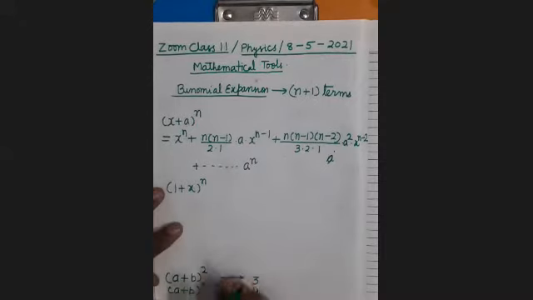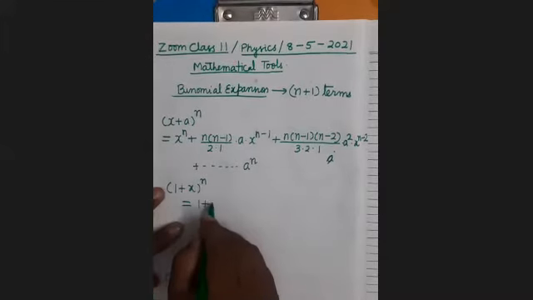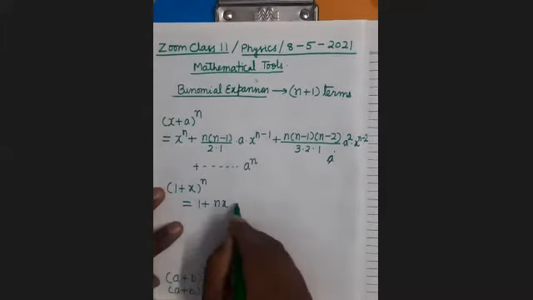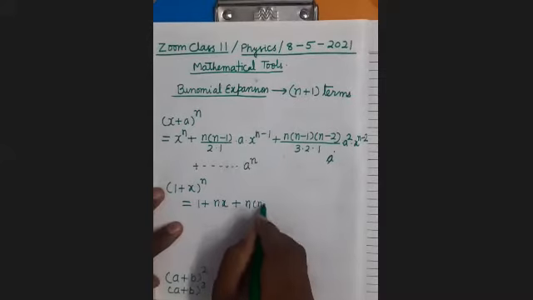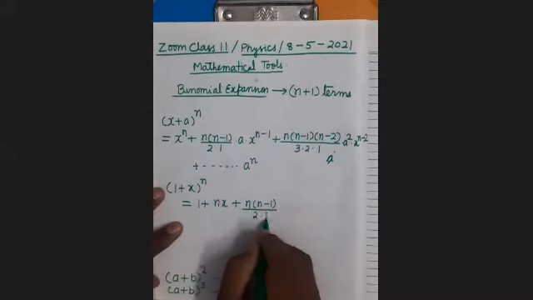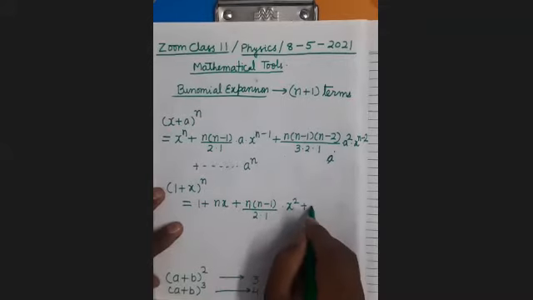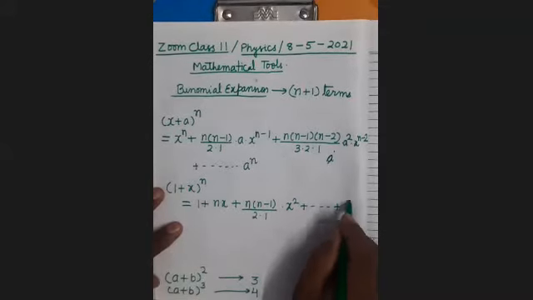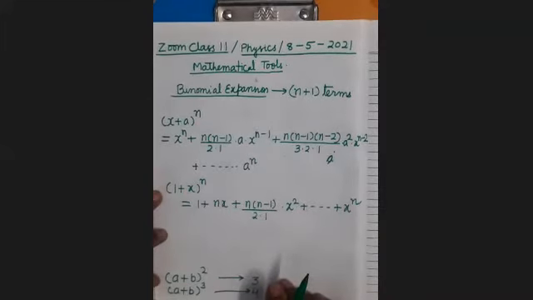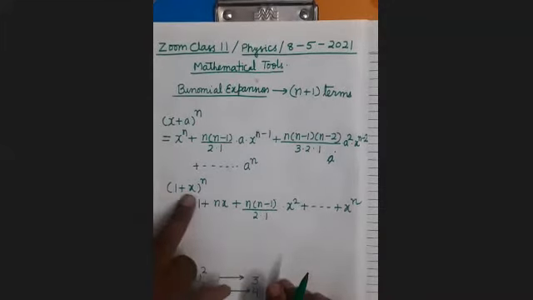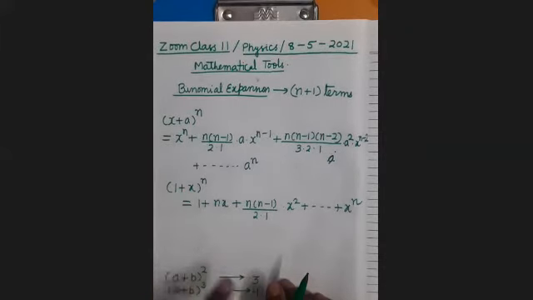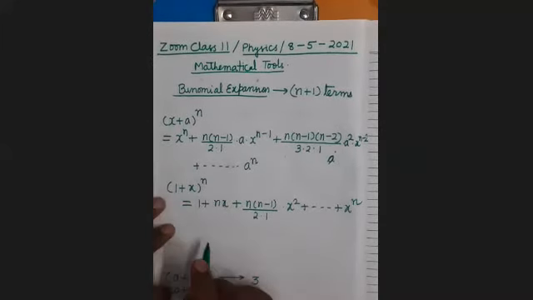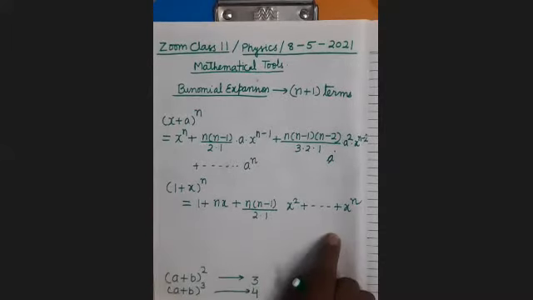You will get 1 + nx + n(n-1)/(2·1) x^2 + and so on + x^n. When you write this expansion of (1 + x)^n with the help of this, you will get this. It's clear. Now see here.